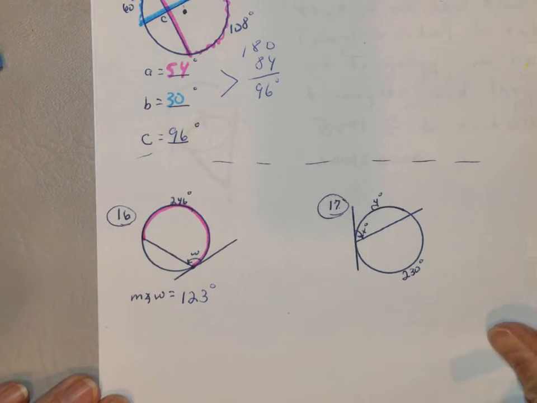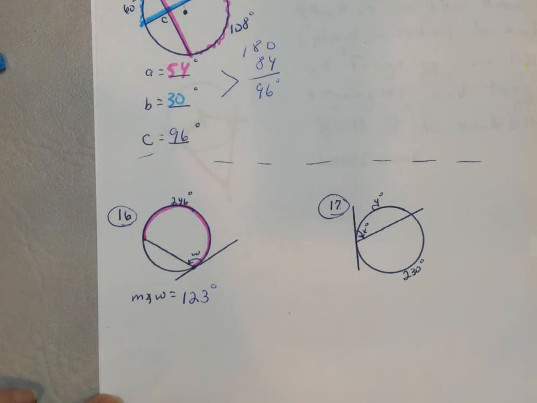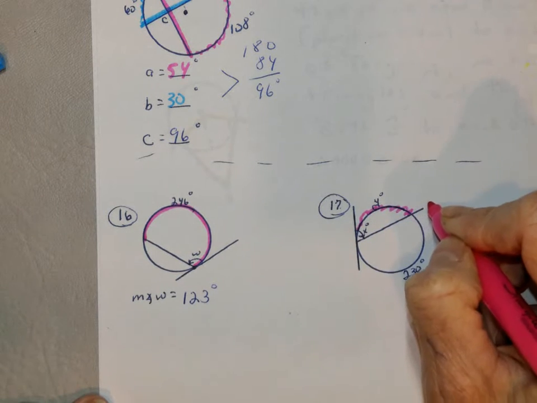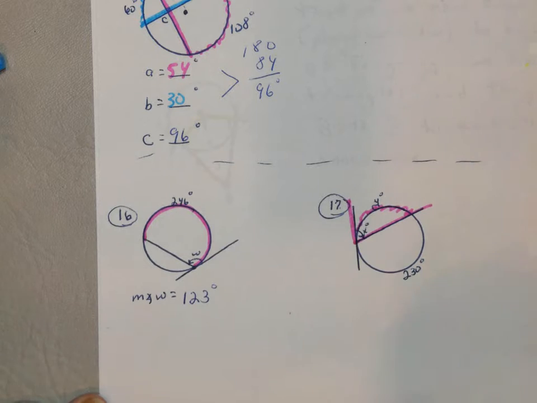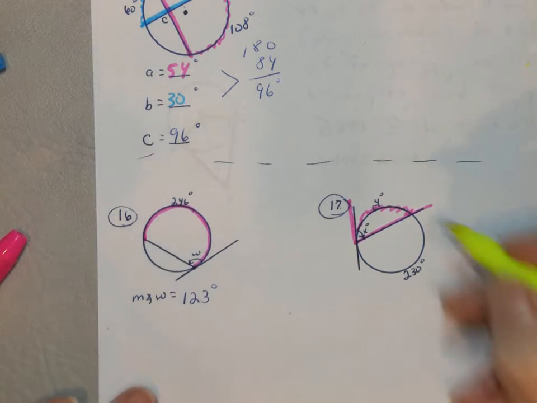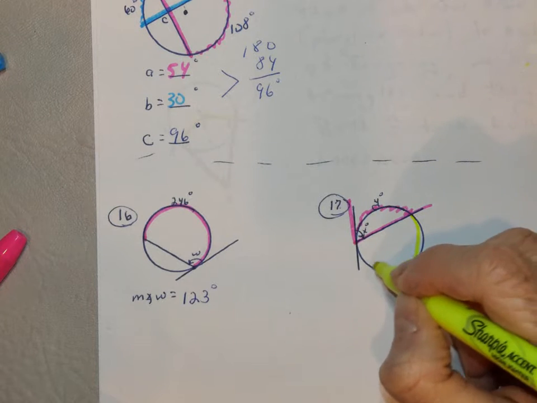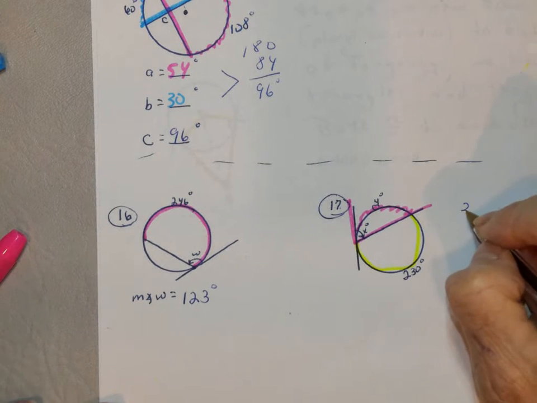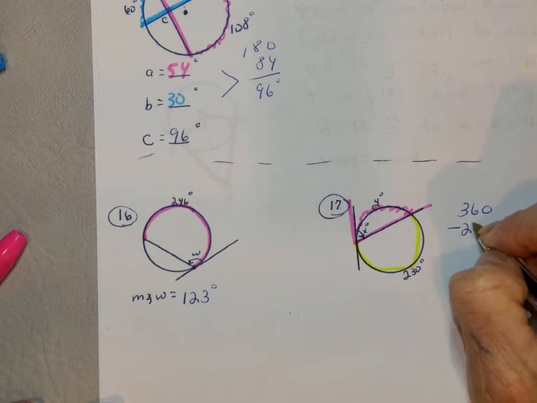Now, over here, for this one, we have Y, and we have 230 degrees, and we have to find angle X. Well, before we can find angle X, we have to find out what this arc is, because angle X makes that arc. But we know what this one is on this side. This one is 230 degrees. So if we subtract from 360, we're going to get Y. So let's take 360 minus 230.